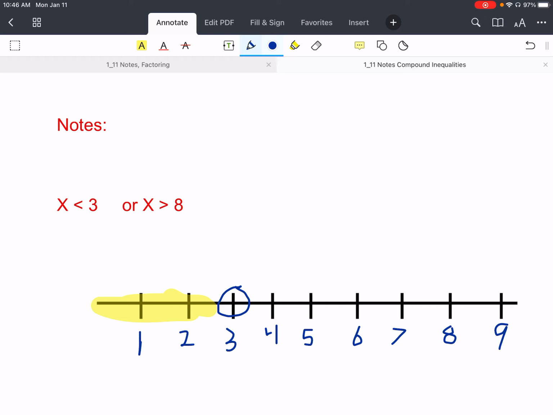And we also have the or x is greater than 8. So we're going to shade from 8 to positive infinity. So that means that there are basically certain numbers that it can't be, but there are numbers that go less than 3 or greater than 8. Because we're using the same variable, x, for these problems, that's why we can put them on the same number line.